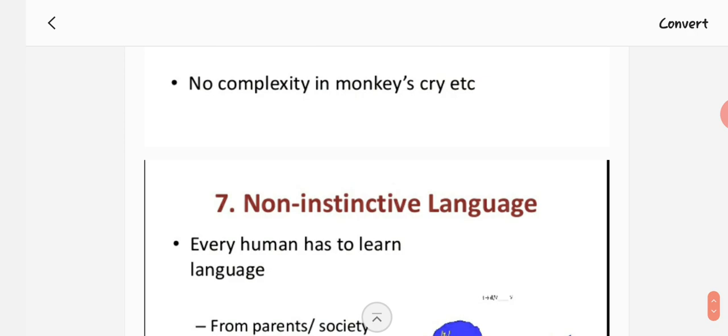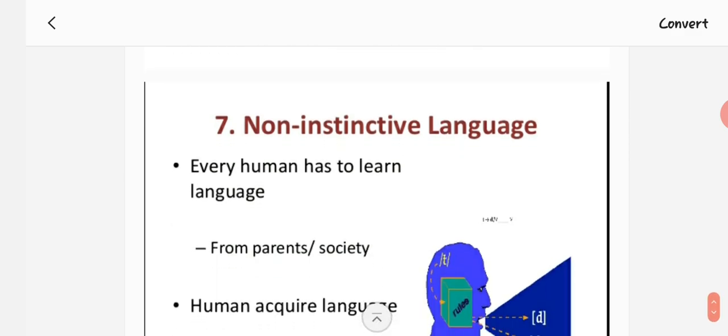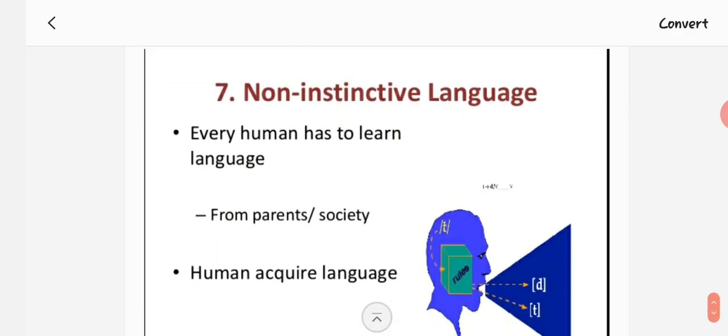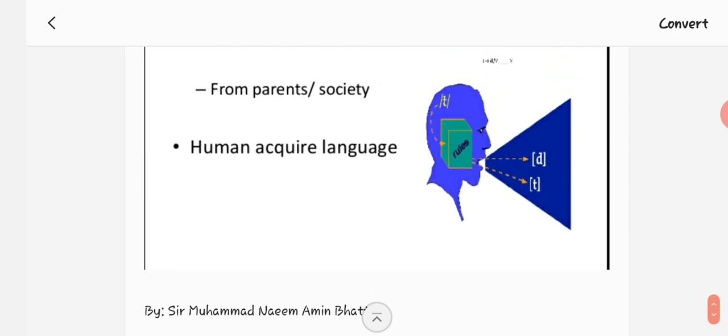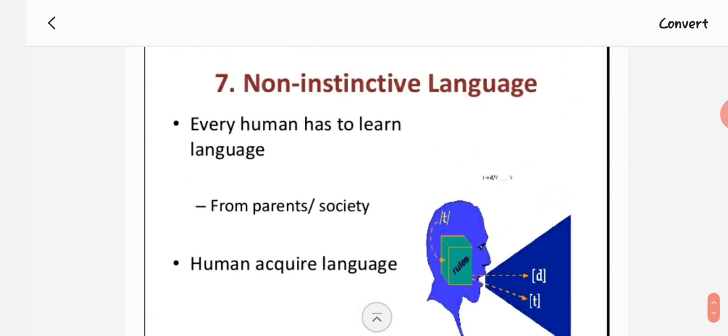And there is no such complexity in monkeys' cries or bees' buzz, etc. Language is also non-instinctive. Every human has to learn the language from parents, society, etc., and humans acquire different types of languages. So we can surely say that human language is non-instinctive.